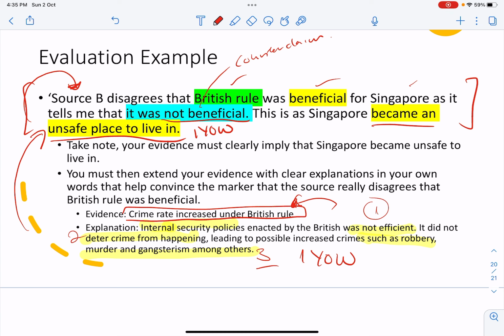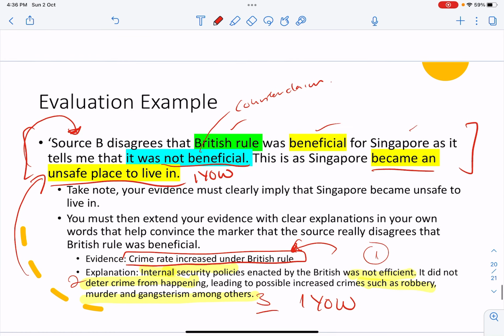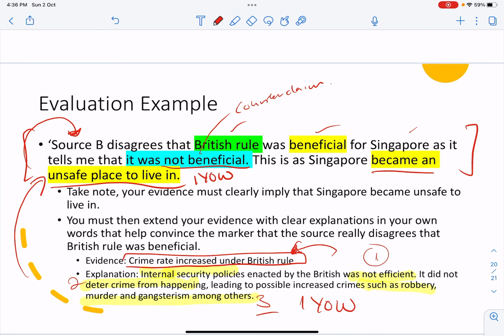And finally, please explain in your own words 3 to 4 extension lines in your own words to extend further upon the evidence, so that you can convince the marker that what you say in your first line or statement is true. Okay, and that is how you do a proper evaluation question.